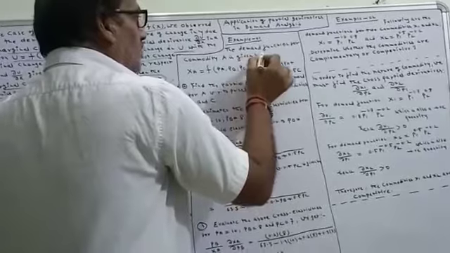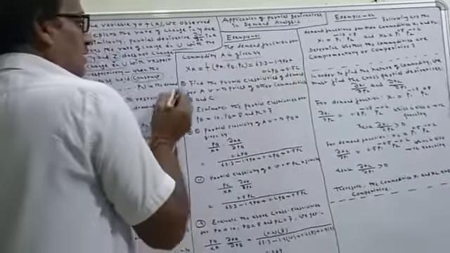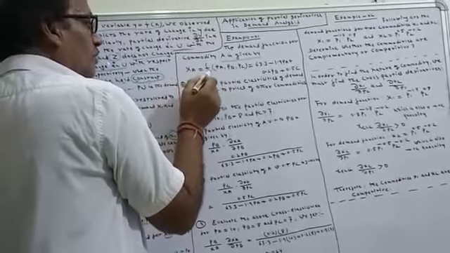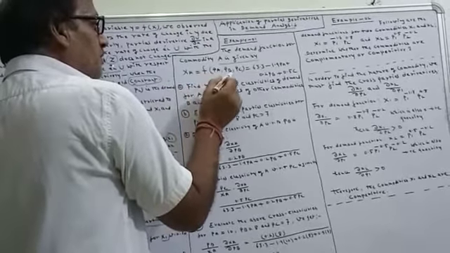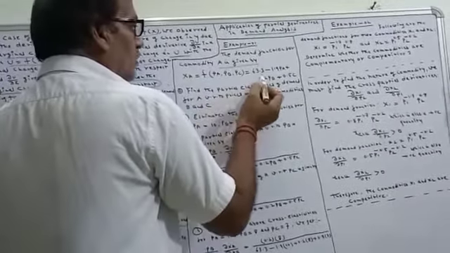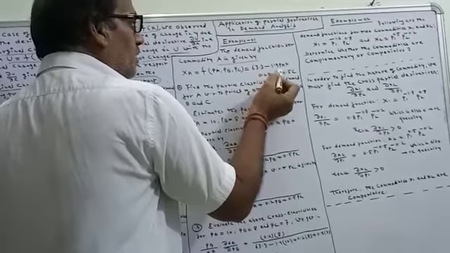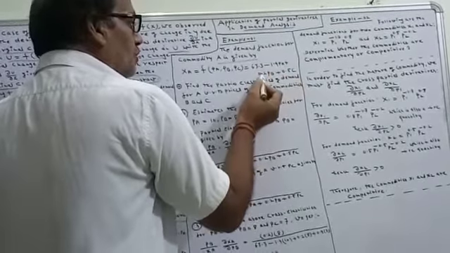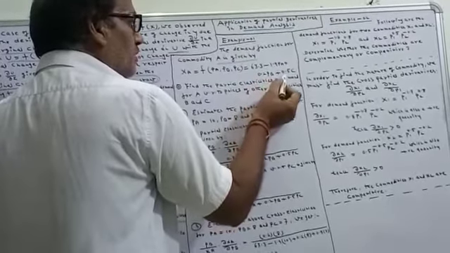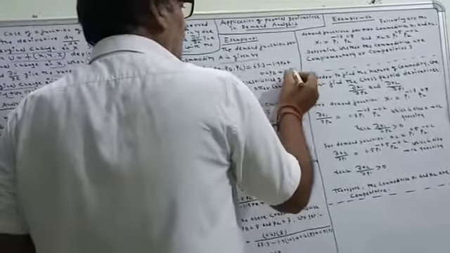Now take for example here, the demand function for a commodity A is given by x equal to function of PA, PB, PC, prices of A, B, C commodities, equal to 63.3 minus 1.9 PA plus 0.2 PB plus 0.5 PC here.